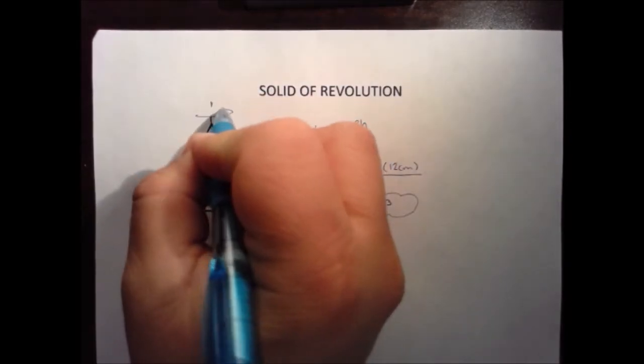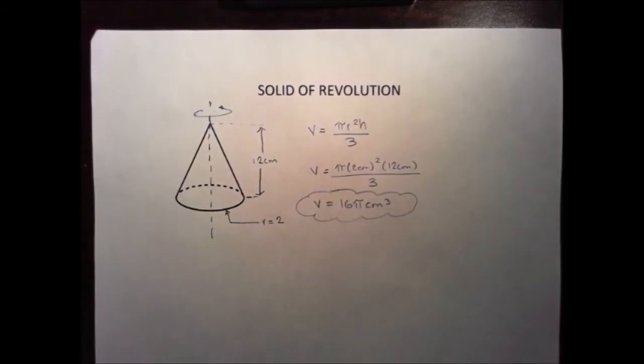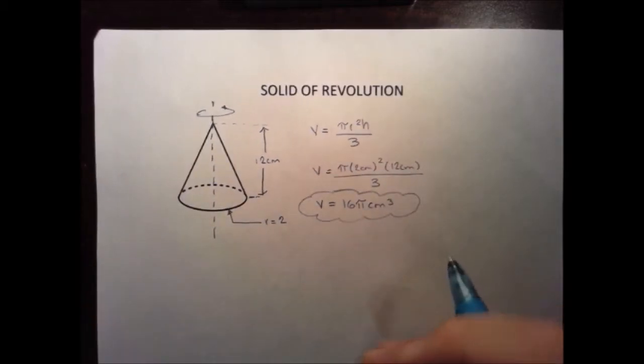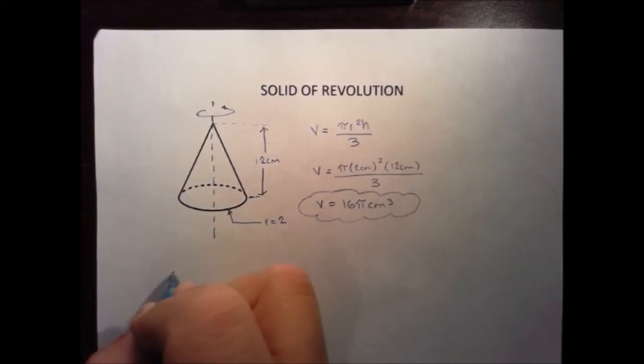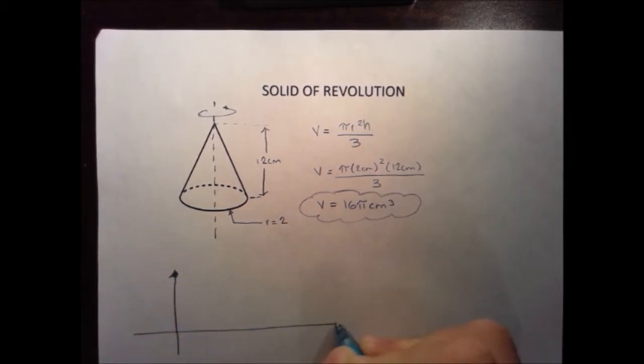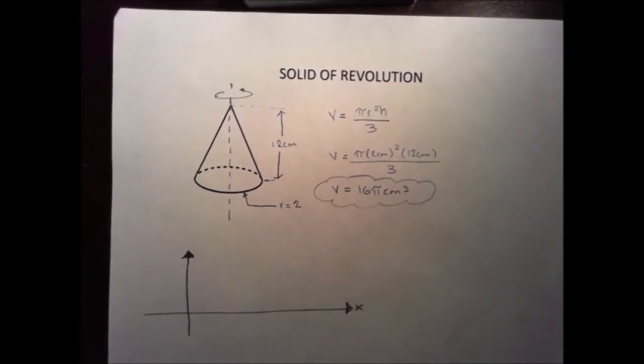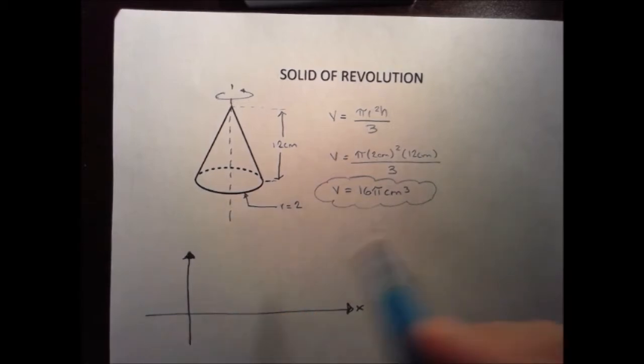This is the axis of revolution, and it's my decision whether to keep the axis of revolution on the y-axis or the x-axis. Traditionally, it's more common that we use the x-axis to do the calculus and to use the formulas over here.